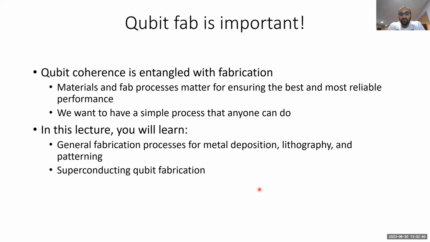Importantly, the specific details of each process, like the recipes and the SOPs, will be very specific to the equipment and resources that you have available. So as a result, if your lab has never done qubit fab before, there will be some process development that needs to be done along the way, like tuning deposition parameters or etch recipes or exposure doses, etc.